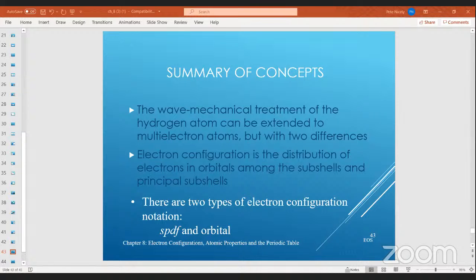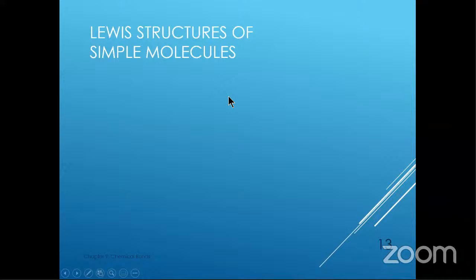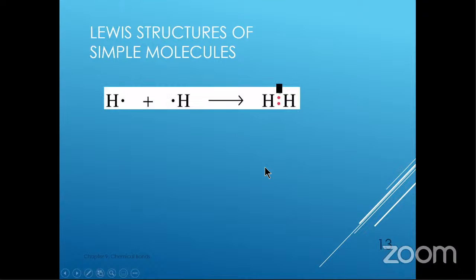So now we're going to talk about Lewis structures of molecules. We talked about the Lewis symbols of atoms, and basically we can extend that idea to showing certain representations of molecules, all right? So we're going to look at the simplest molecule, which is hydrogen. And basically what you see here is the Lewis symbol for the hydrogen molecule.